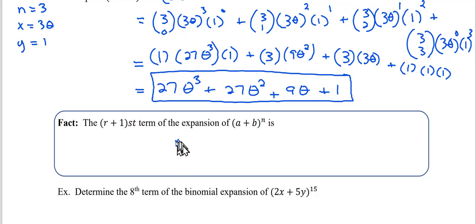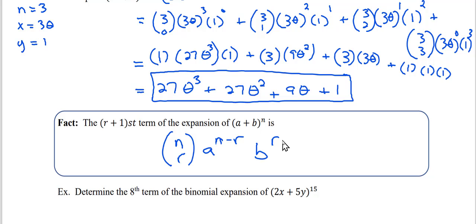It will be n choose r, a to the n minus r, b to the r. Here's the idea.